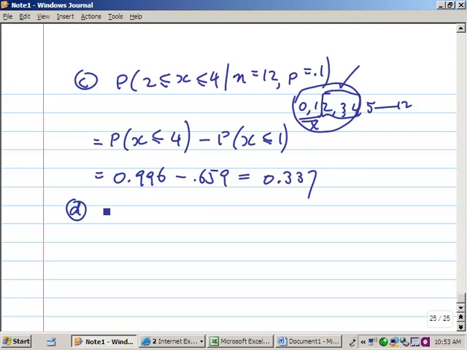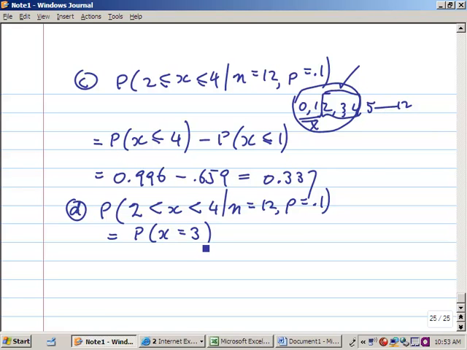Okay. D was similar, but it was exclusive. So what I intended to mean there was that it excludes the limits. So greater than 2 and less than 4, well actually that's just 3, right?